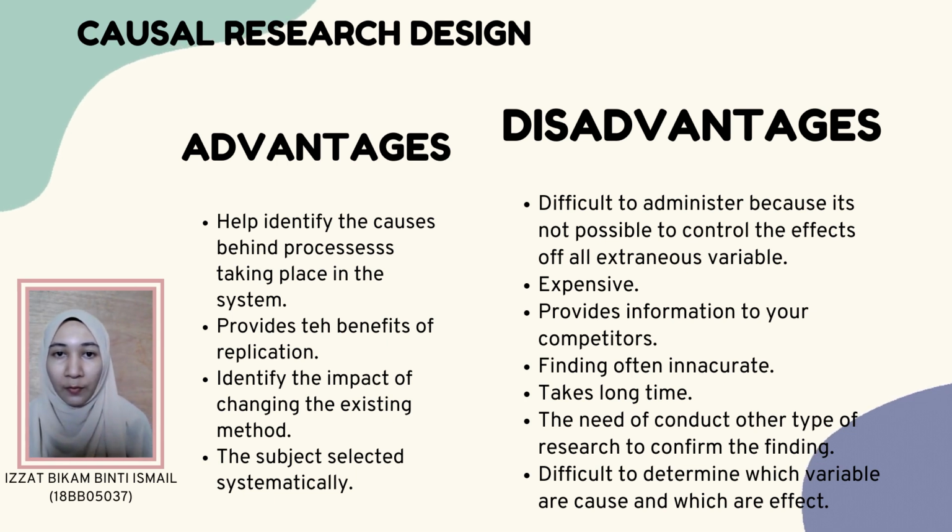The fourth is that the findings of causal research are always inaccurate because there will always be a few hidden causes. Next, it takes a long time to conduct this research, and other types of research should be conducted to confirm its output. Also, it is very difficult to determine which variables are the causes and which are the effects in this type of research.